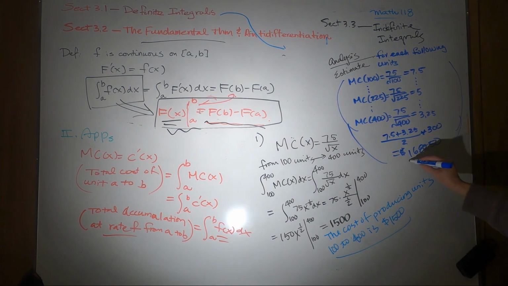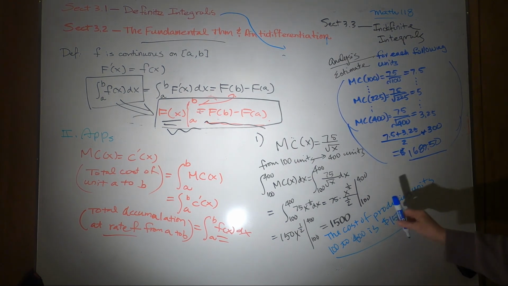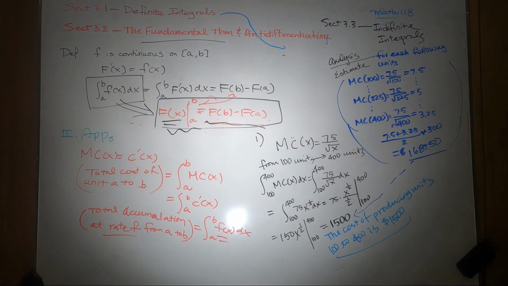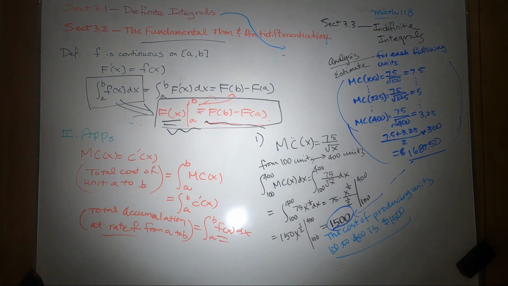Okay, so this is the estimate to be what? $1687.50, but it kind of gives you some idea what's going on. For the exact value, you should be using the regular formula to do it. Okay? Confusing enough for you?